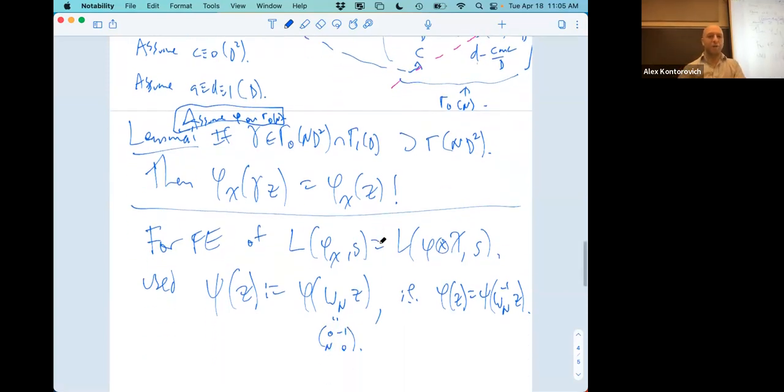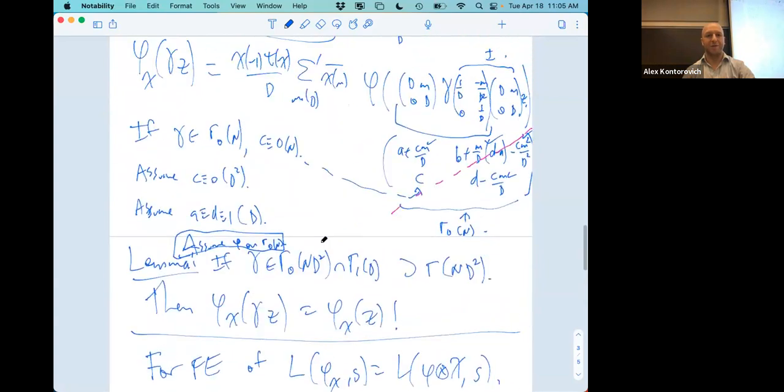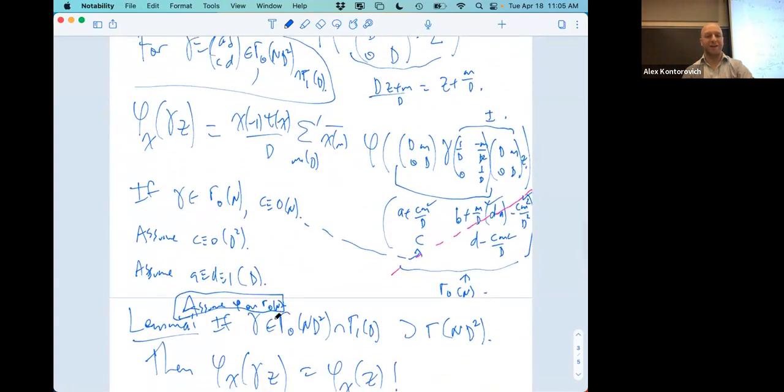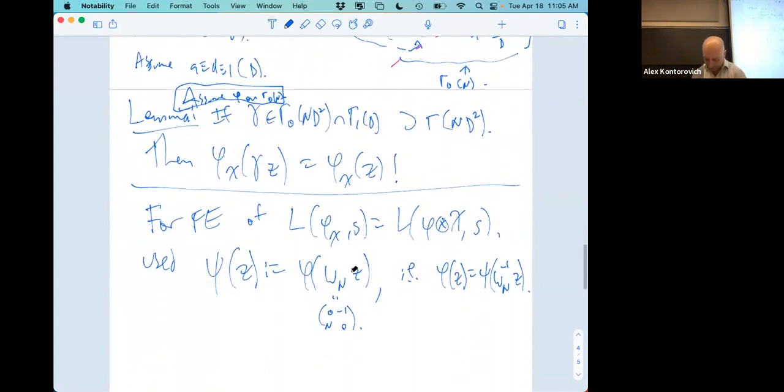At level 1, in order to get a functional equation, we introduce this psi z, which is phi of WNZ. So let's just reverse that. Phi is psi of Wn inverse z. And let's put that into phi chi. Let's see, do I want a WND squared? Yes, I do.